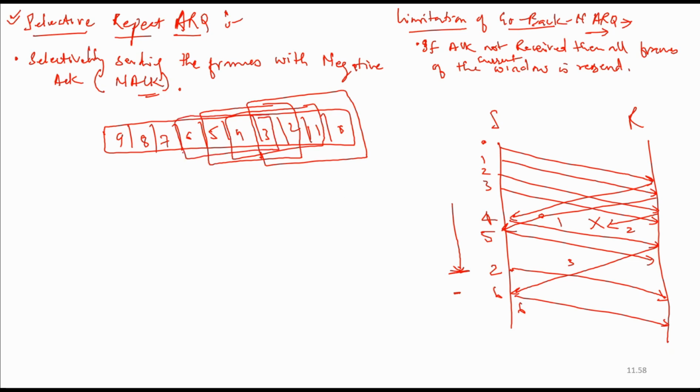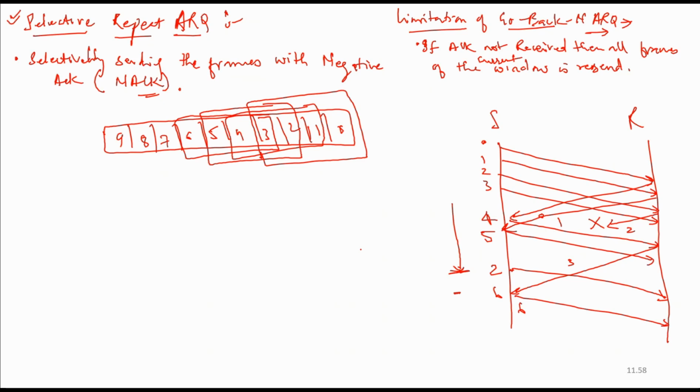So this is how selective repeat ARQ basically works. It will resend only the frame that has the error, meaning the frame that was lost in between. It will not retransmit all the frames that are available in the window.